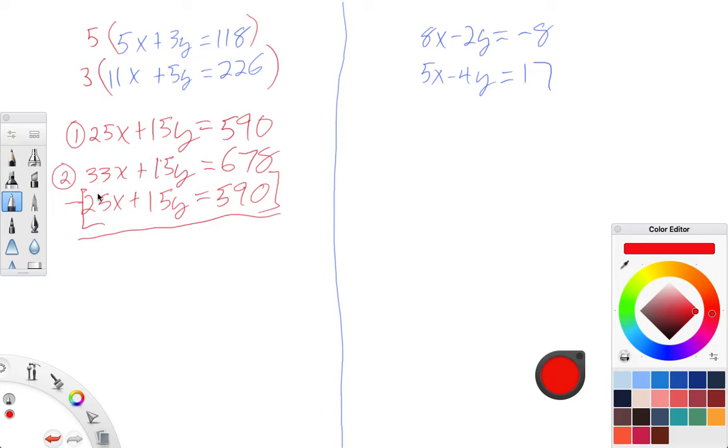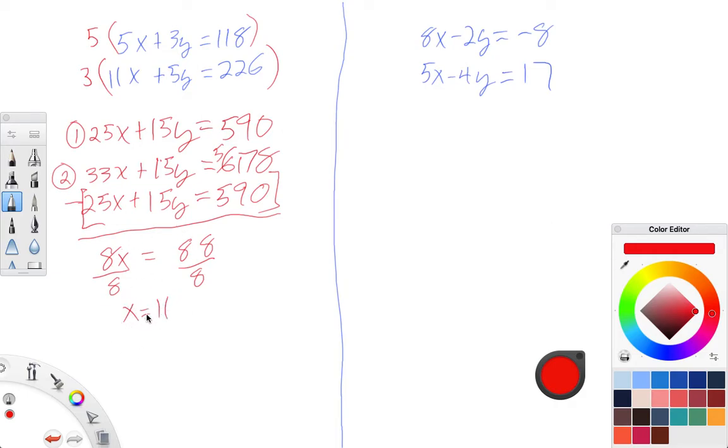Okay, so 33 minus 25, that's 8x. 15 minus 15, that's 0. 678 minus 590, we have an 8, I'm going to carry here, that's also an 8, so 88. So then we can divide both sides by 8, and we get x equals 11.